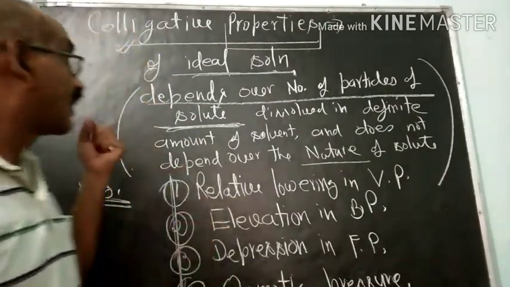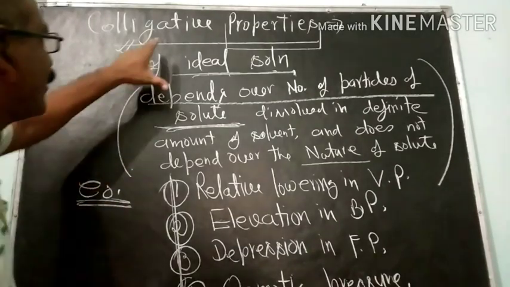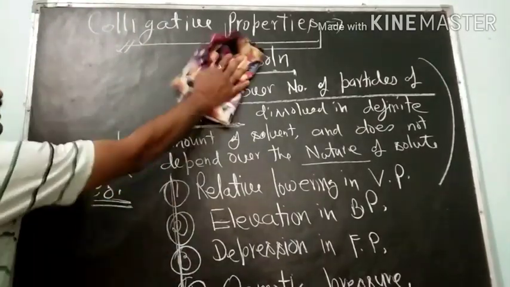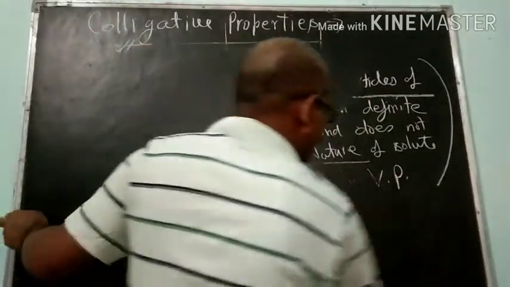Now the question arises, why are we discussing these colligative properties? What's the use of these colligative properties?